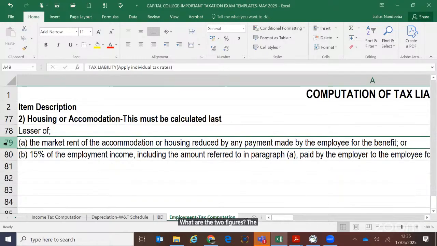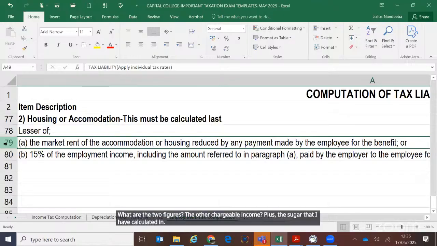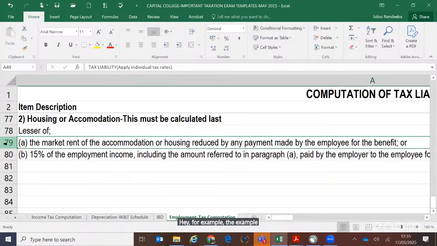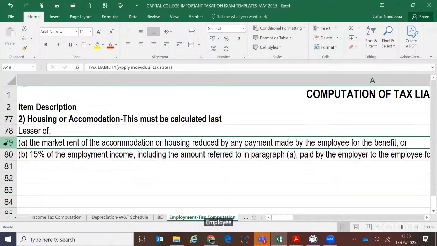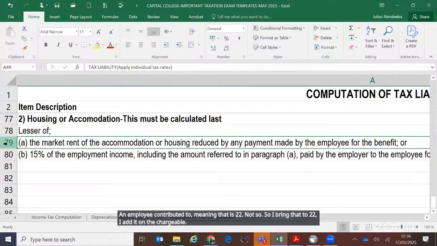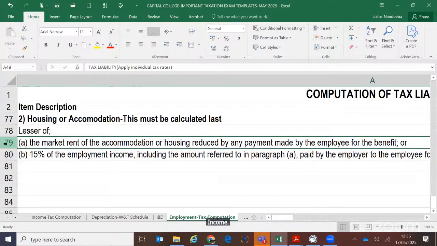The other chargeable income plus the figure that I have calculated in A. For example, the example I've been giving you, A, the annual market rent was 24, employee contributed 2, meaning that is 22, not so? So I bring that 22, I add it on the chargeable income. The figure that I get, I multiply by 15%.